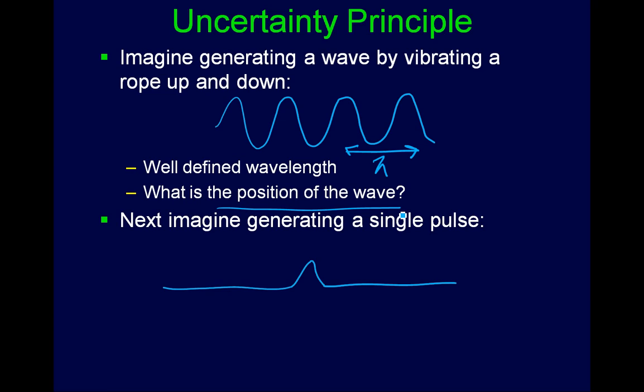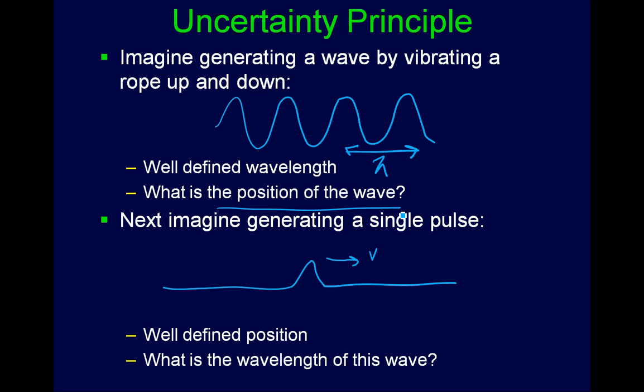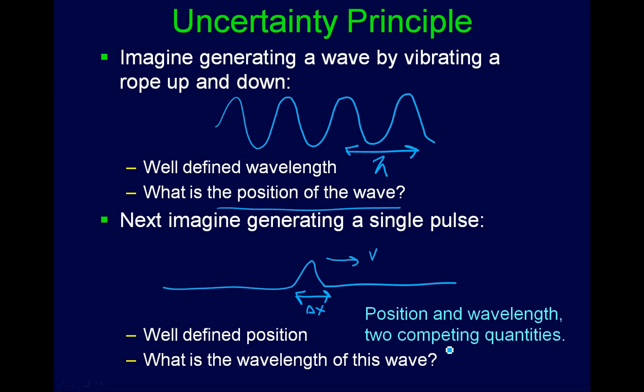Now imagine generating a single pulse on a wave, something kind of like this here. This is the opposite case. Here you have a more well-defined position. The position itself is somewhere in this region of the wave, more than likely. However, the wavelength of this wave is ill-defined. If you just look at it here, you can't really tell what the wavelength is.